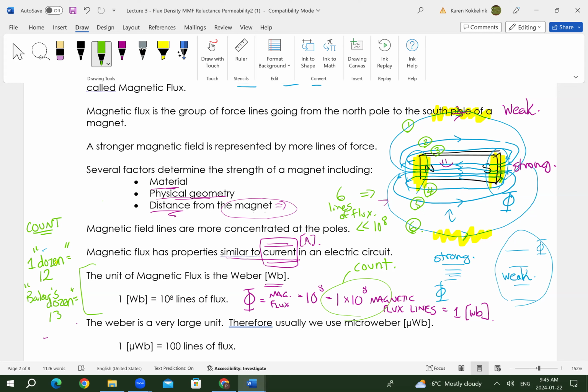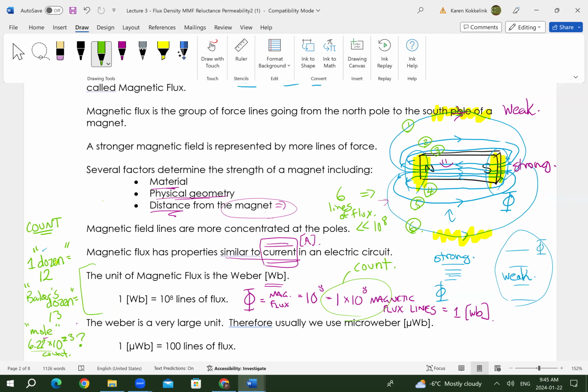Avogadro's number. I don't remember what it is, but it's a number. A mole, 6.022 times 10 to the 23. Mole, if anyone's in chemistry, is 6.022 times 10 to the 23. Yes, that's what it is. It is a count.